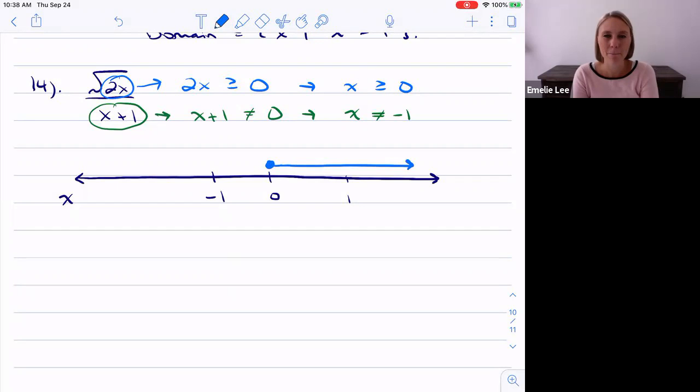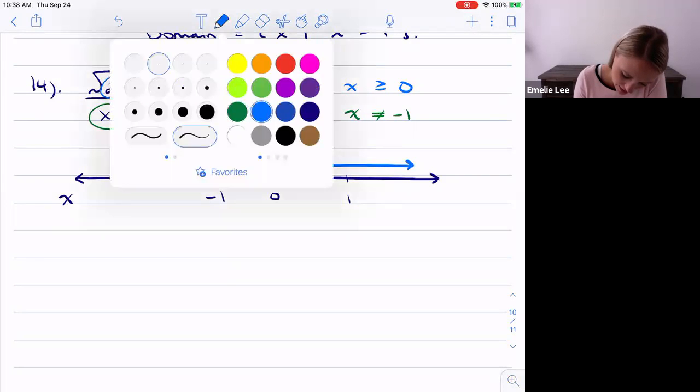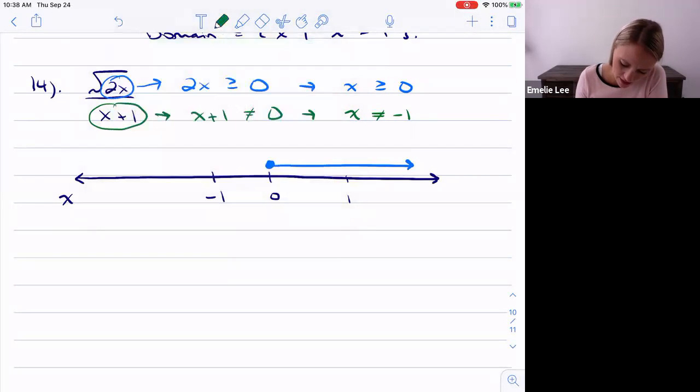So that's my domain for the numerator, essentially. If I do my domain of x can't be -1 for the green, everything's allowed here except at -1.